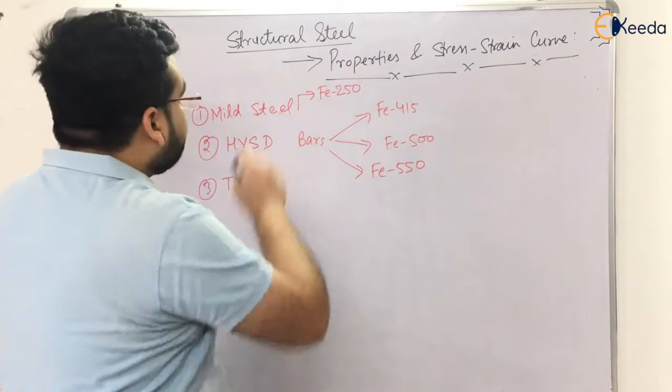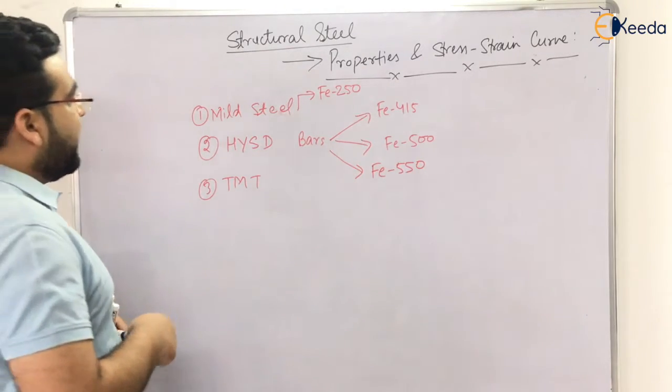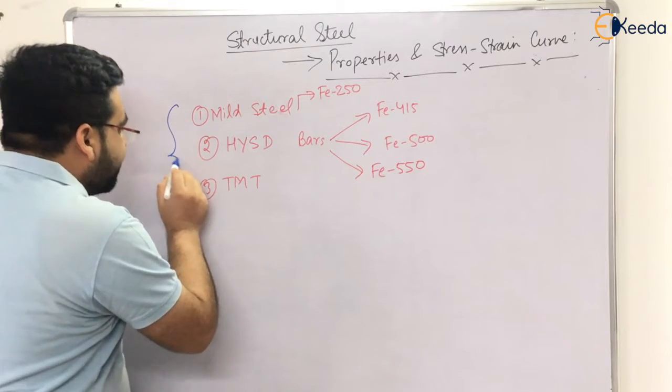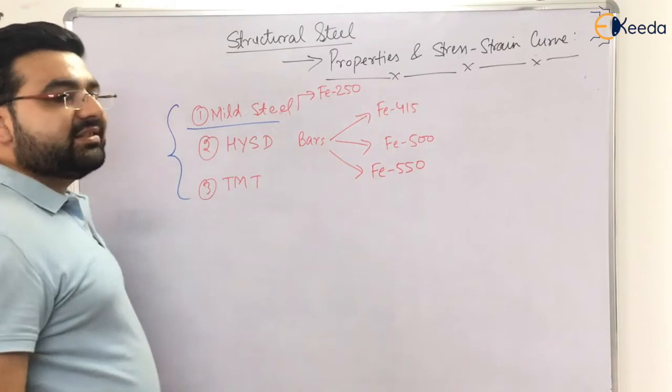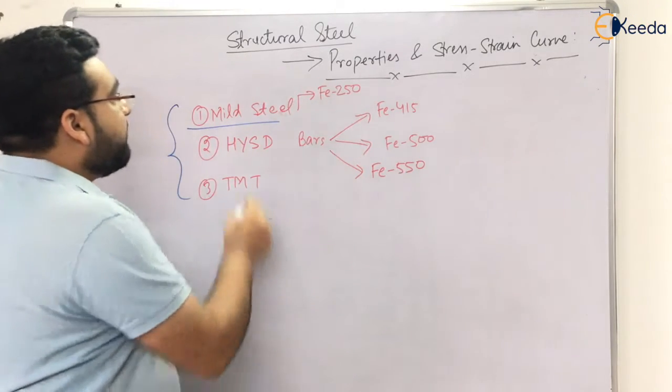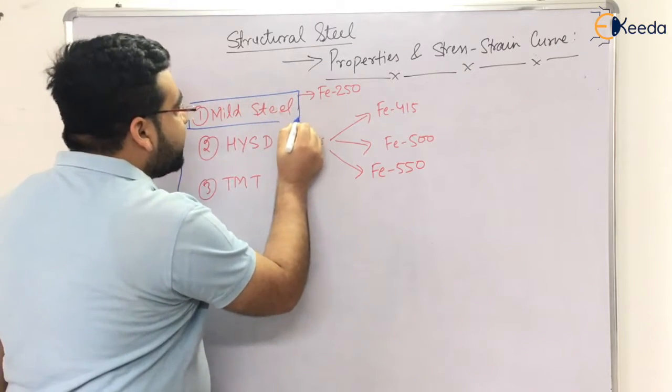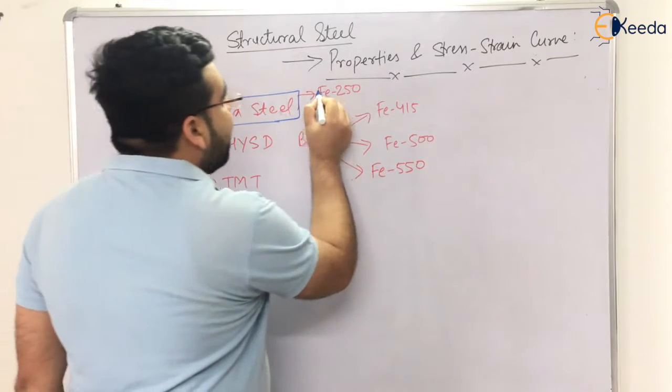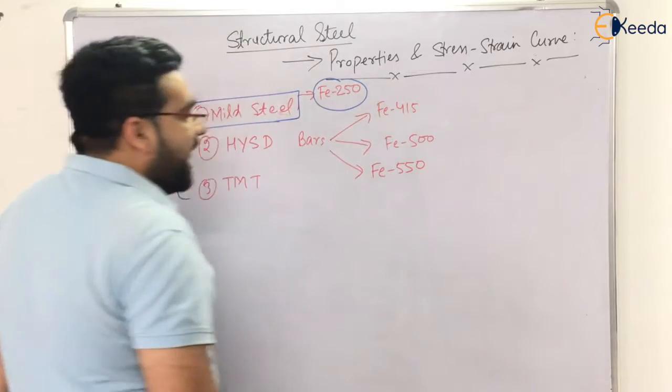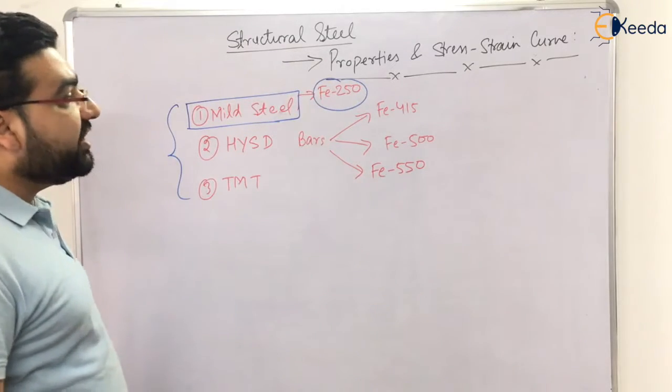Now structural steel has been classified basically into three types. So the first one is mild steel. As from the name it is clear, mild steel means the strength is mild. So mild steel is Fe250. Fe means iron, 250 is the yield strength.